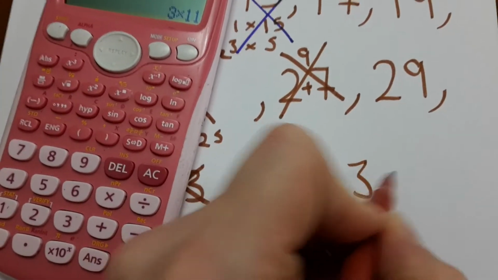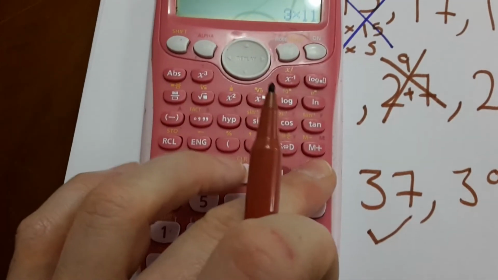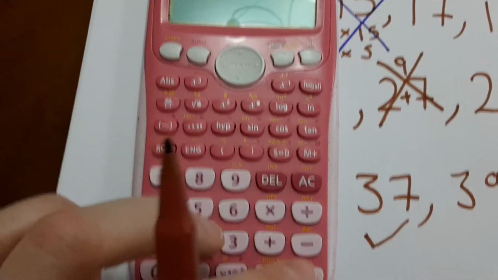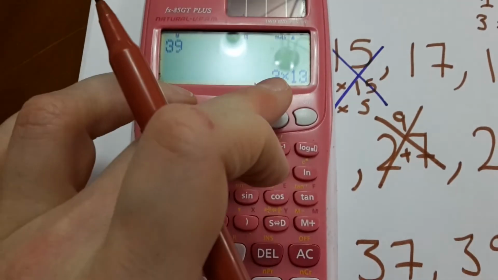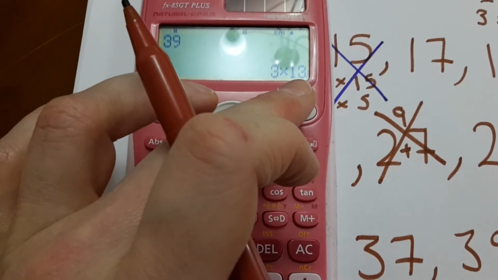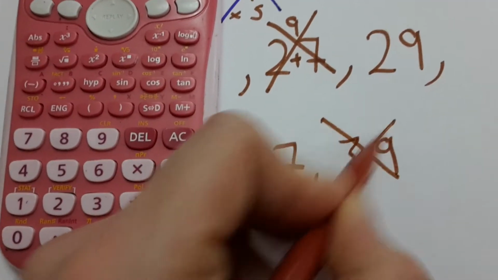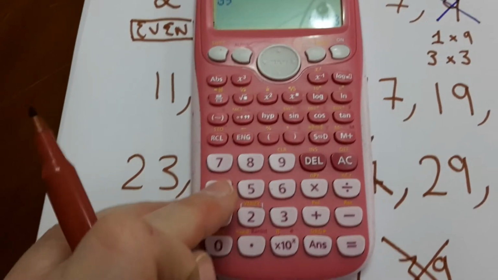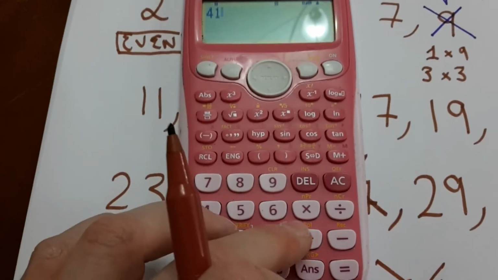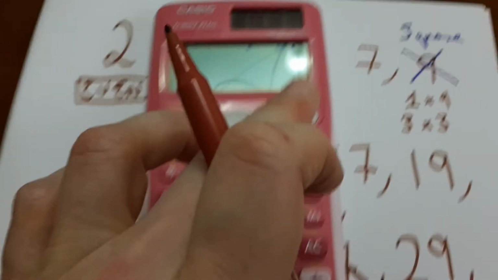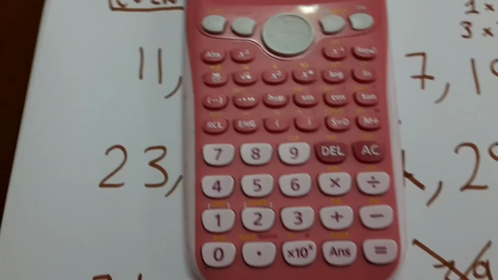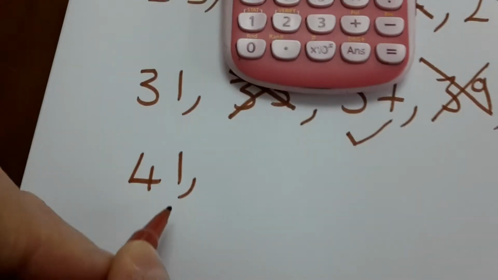So let's try 39. So 39 equals, shift, factorise, and 39 is 3 lots of 13, so 39 is not a prime number. Okay, 41, let's try it. 41 equals, shift, factorise, and look, it stays the same in the corner, so 41 is a prime.